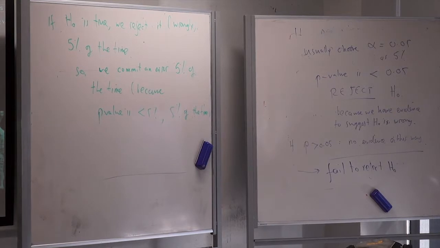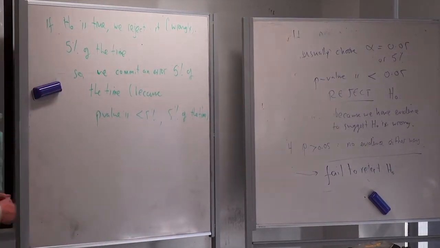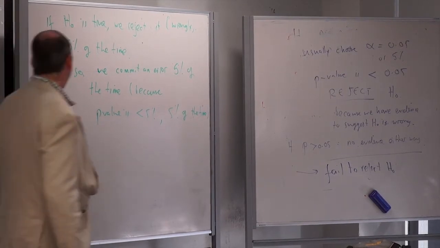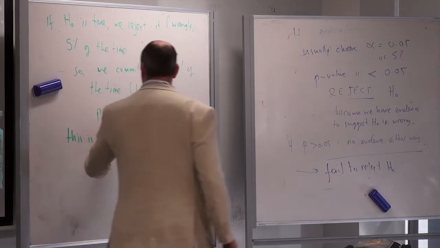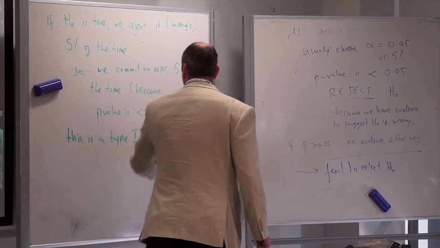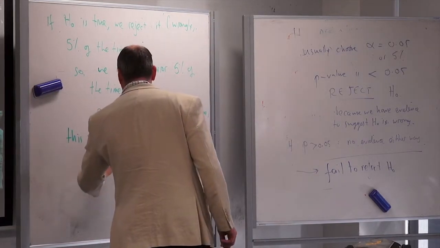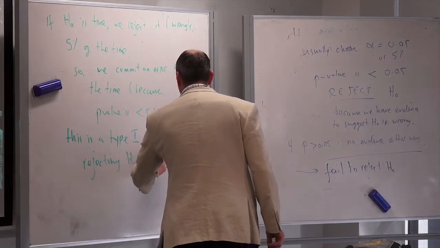It's not entirely straightforward for discrete random variables, but we'll come to that later. This is called a type 1 error: rejecting the null hypothesis when it's true.